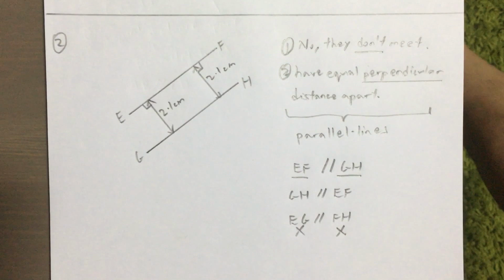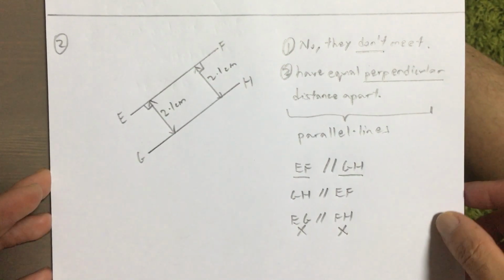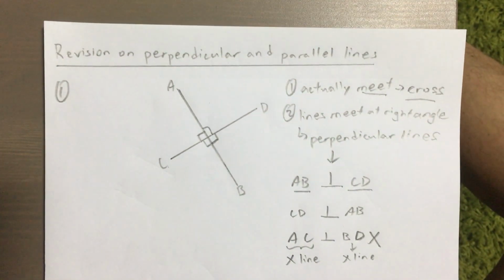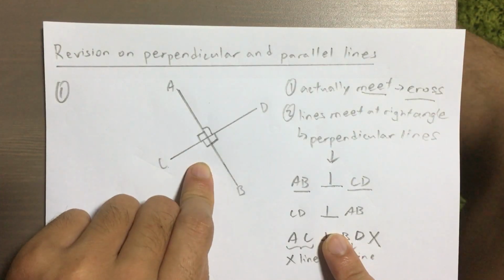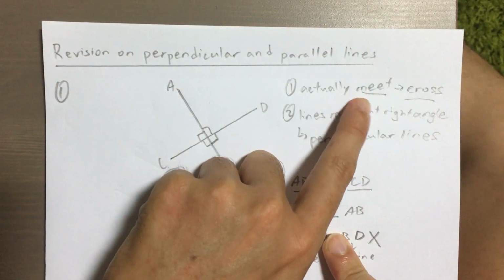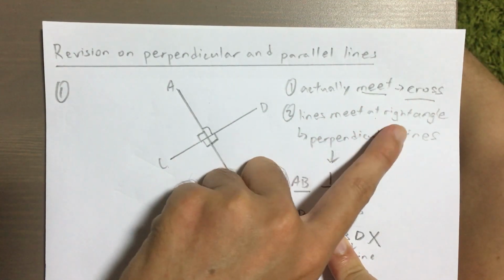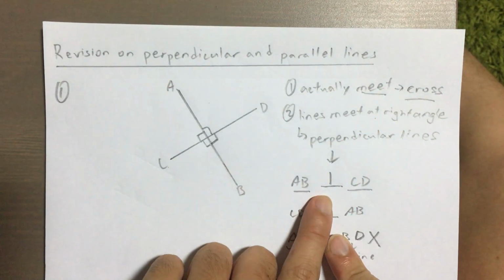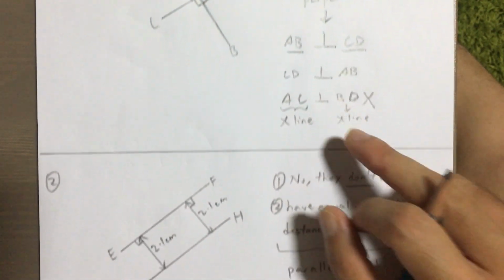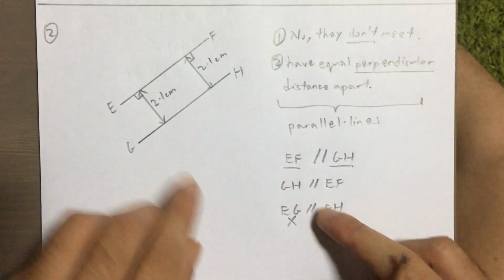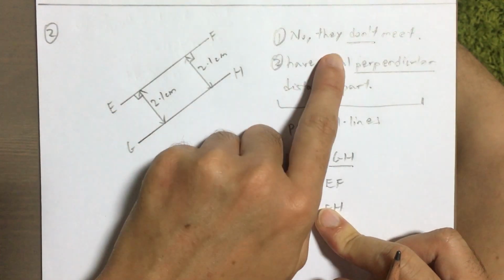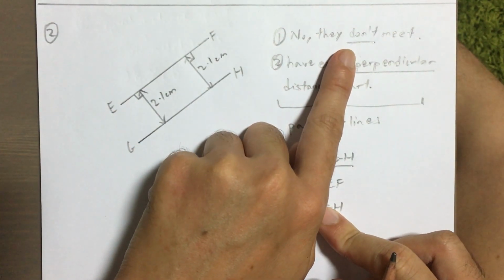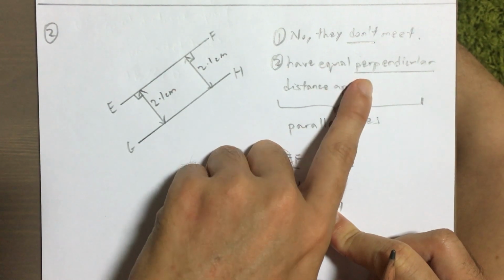So what we've seen so far is that perpendicular lines do meet, they do cross, and they meet at right angles. How do I check? I use my set square, and the symbol I use is an inverted T. Parallel lines do not meet, they never cross, and they have equal perpendicular distance apart.